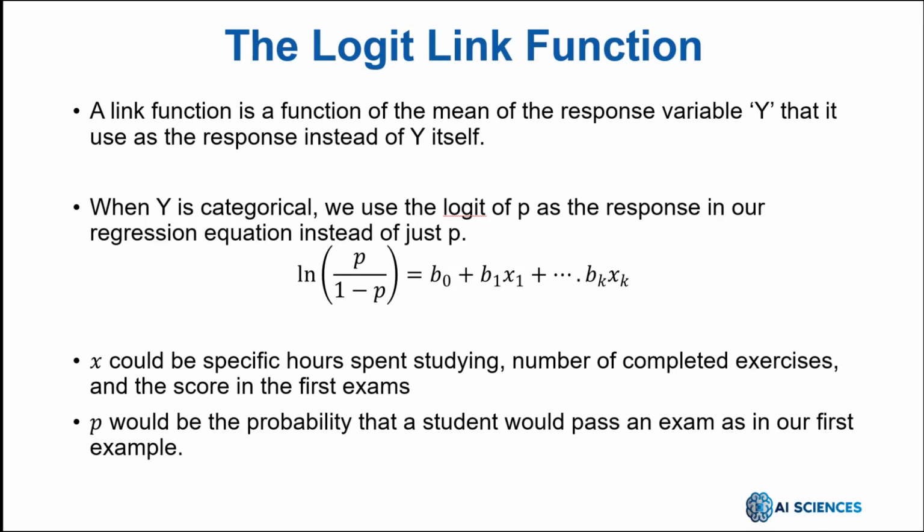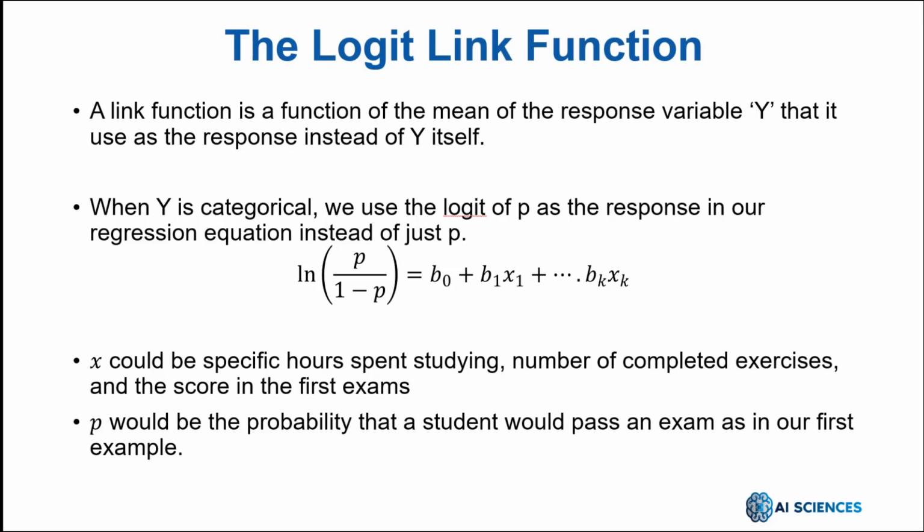It means that when y is categorical, we use the logit of y as the response in our regression equation instead of just y. The logit function is the natural log of the odds that y equals one of the categories. For mathematical simplicity, we're going to assume y has only two categories and code them as 0 and 1.